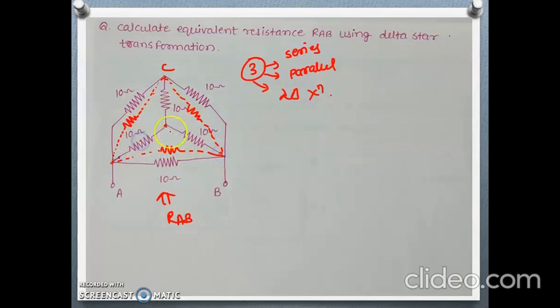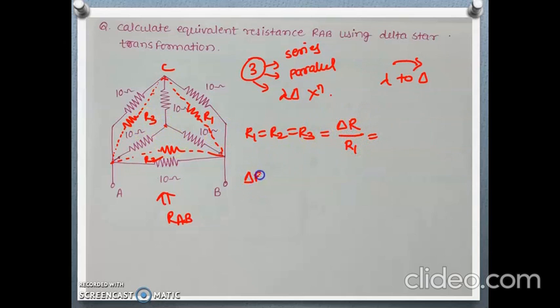These 10, 10, 10 are all the same, so suppose this is R1, this is R2 and this is R3, also the same. R1 equals R2 equals R3, and we are converting from star to delta. So its numerator will be the same, divided by one resistor, because the values are the same.